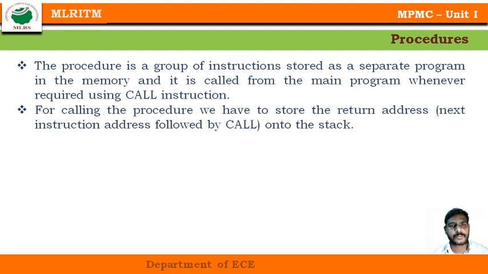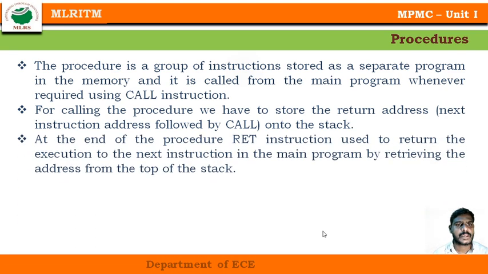For calling a procedure, we have to store the return address, that is the address of the next instruction after the call, on the stack. At the end of the procedure, a return instruction will be there, so the processor understands that it needs to return to the main program, executing the next instruction by retrieving the address from the top of the stack.